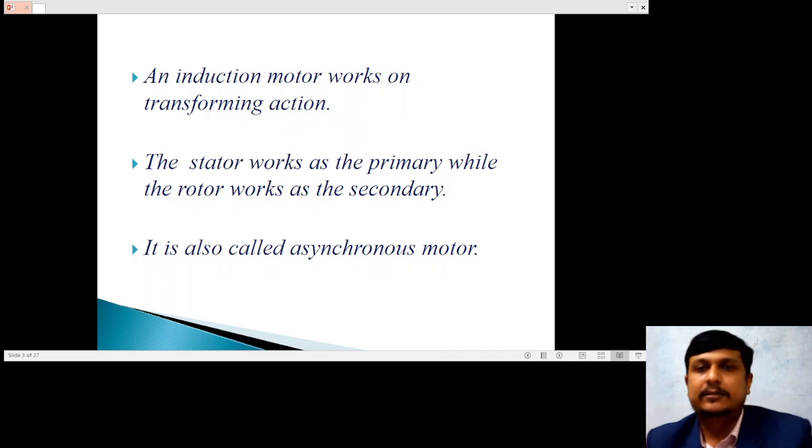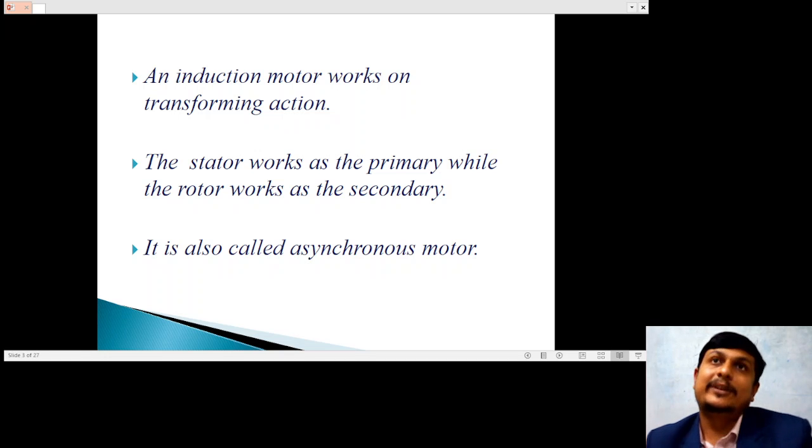There are also some similarities and some differences if we compare the induction motor to the transformer. The working principle of both machines is the same. In a transformer there are two windings. In an induction motor there are two major parts: a stator and a rotor. The stator behaves like the primary winding, and the rotor behaves like the secondary winding.